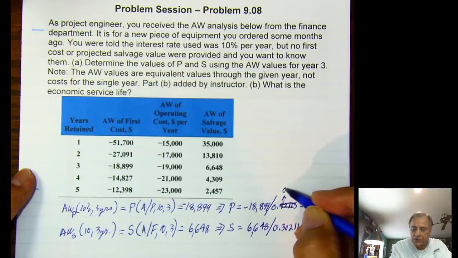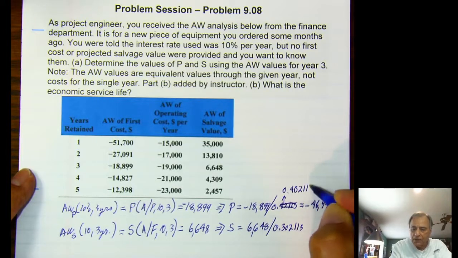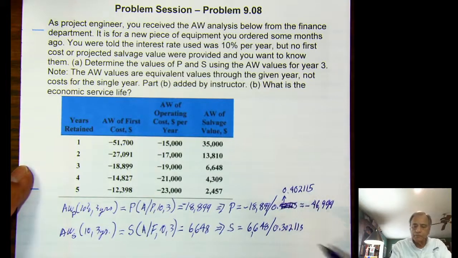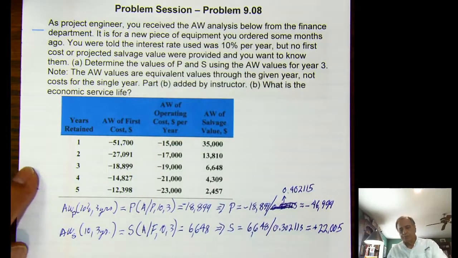This is 0.402115. Okay. And when you do that division, you will get a plus $22,005. So that's the salvage value for this asset.